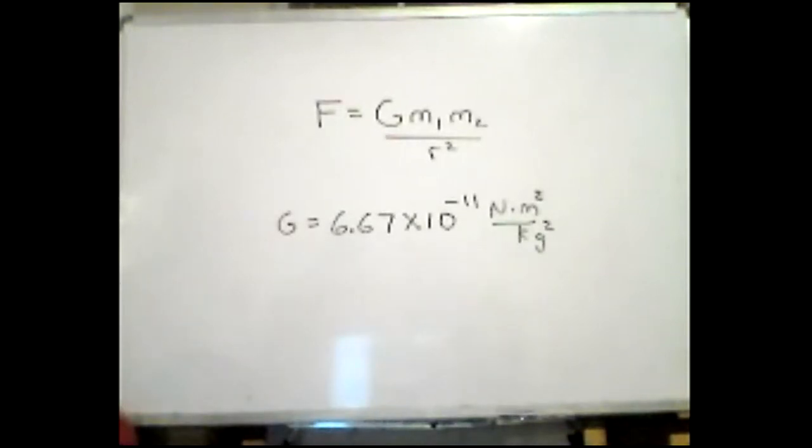So before we go to the lab, what do you think should be the ratio of the force felt by the blue object divided by the force felt by the red object? What do you think that ratio should be? Anybody?